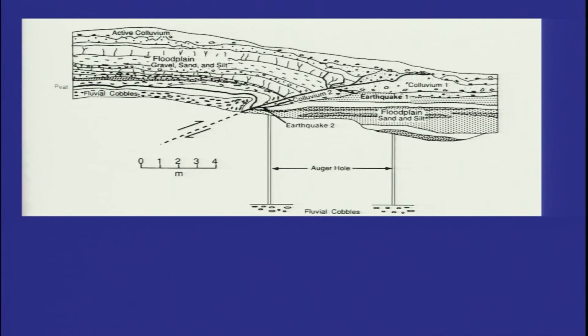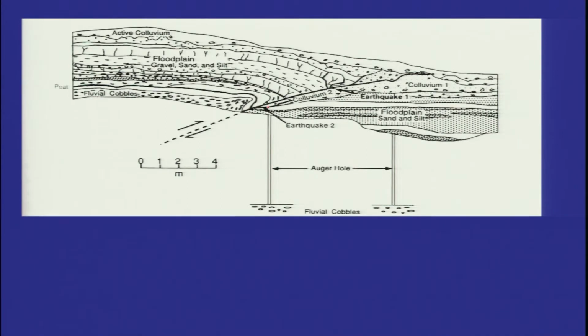Now, this is an example which shows a very low angle thrust fault which has resulted in at least 4 earthquakes. That was identified based on the trench which is exposed here. This trench log shows at least 4 earthquakes.